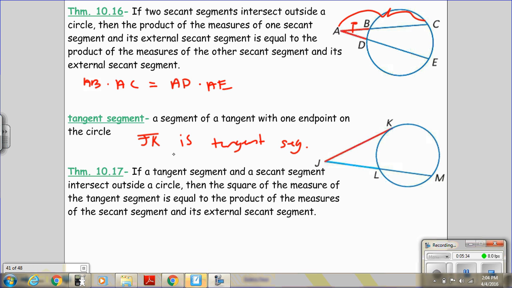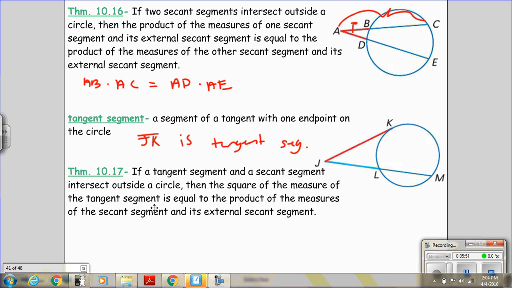Theorem 10.17 says if a tangent segment and a secant segment intersect outside the circle, then the square of the measure of the tangent segment is equal to the product of the measures of the secant segment and its external secant segment.